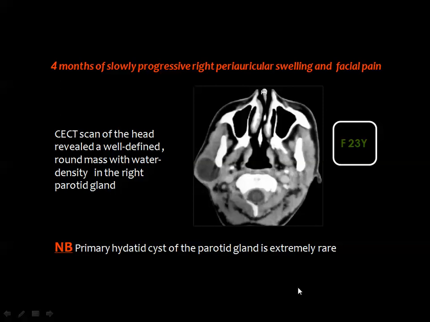And this is a cystic lesion which is located in the superficial lobe of the right parotid gland. You may say that this is a simple cyst, and also you may appreciate some enhancement of the wall and they say this is an abscess. And one of the rare diagnoses here is the hydatid cyst. And this is stated in the literature that the primary hydatid cyst of the parotid gland is considered extremely rare.